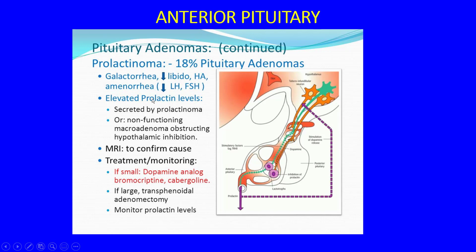And you're going to see this by elevated prolactin levels. Of course, you always would use MRI to confirm. You can stabilize the patient if it's small using a dopamine analog, bromocriptine. If it's large, a transsphenoidal adenomectomy. And you want to monitor at all times the prolactin levels.